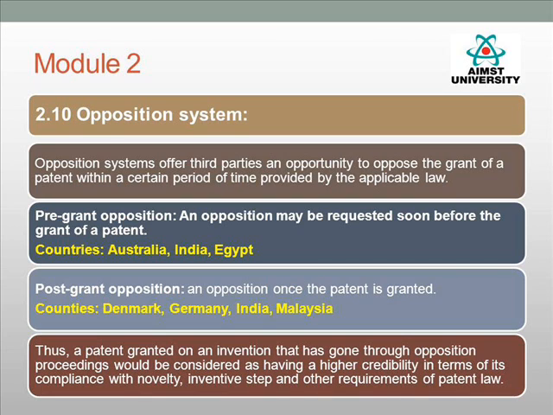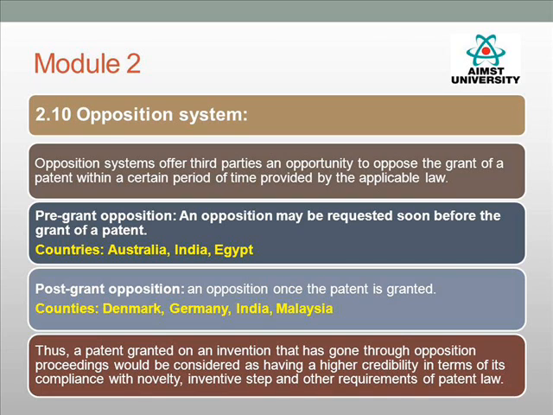In some countries, an opposition may be filed within a certain time period immediately after the publication of the application for a patent and before the examination phase, in which case the procedure resembles, to a certain extent, the so-called third-party observation system. It is possible to combine pre-grant and post-grant opposition systems. India, for example, provides both a pre-grant and a post-grant opposition system.